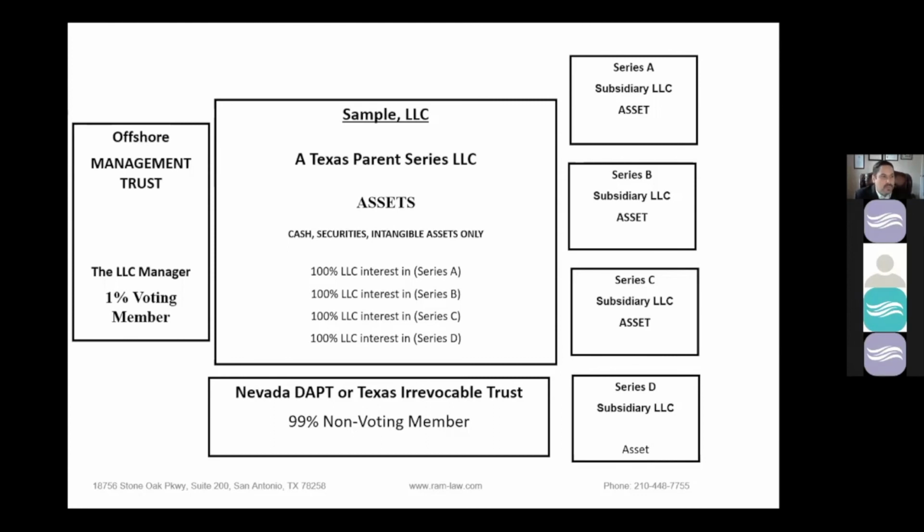So that's one of the great things that we can use the series LLC for: if your client has multiple rental properties, we can protect the rental properties from each other's liabilities. The flip side, and I've seen this time and time again with my clients, is a client with, again, same example, 4 rental homes in one plain vanilla LLC. And here comes a lawsuit from one of the tenants in one of the rental homes.